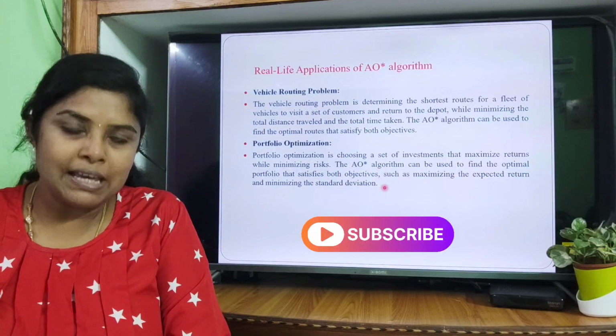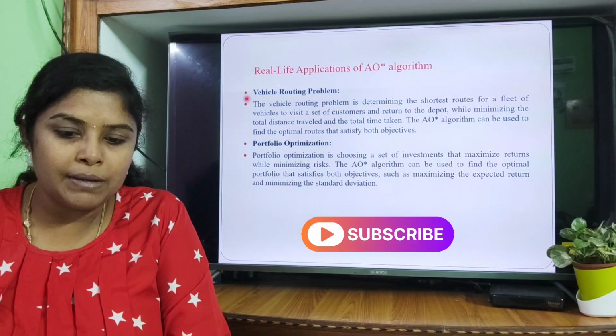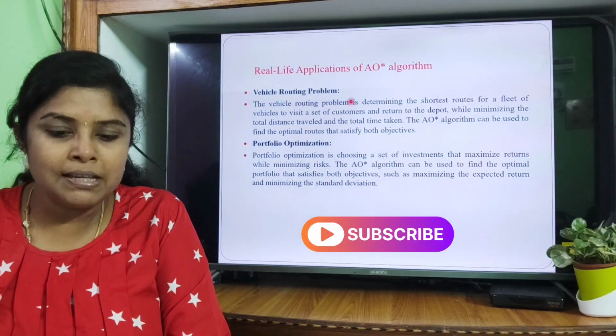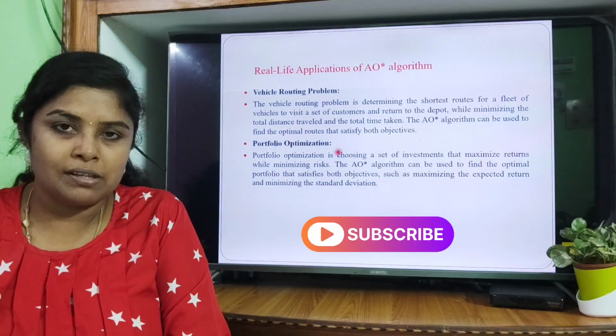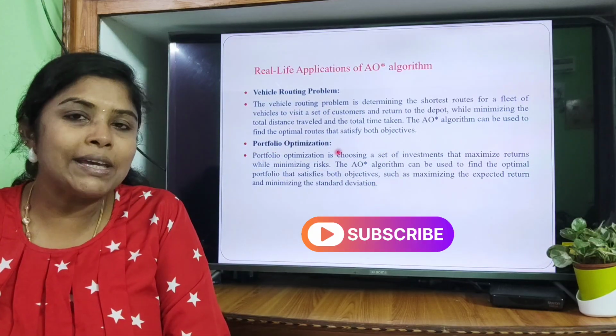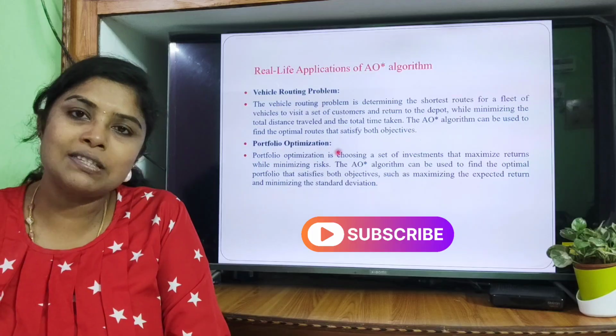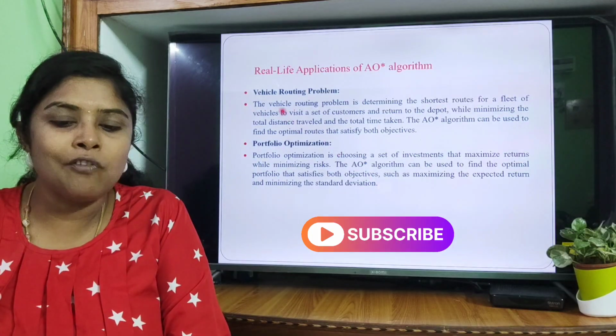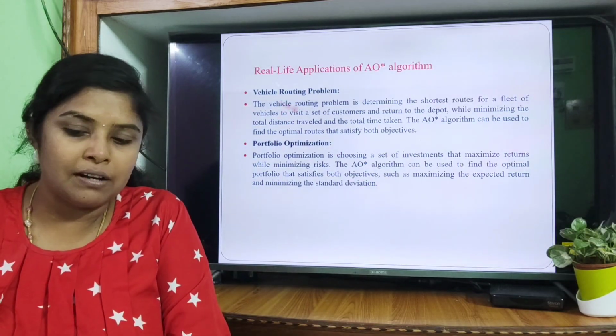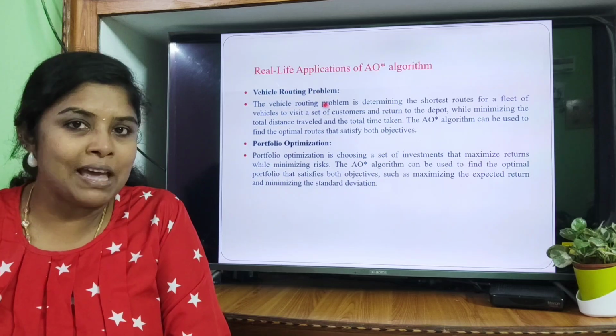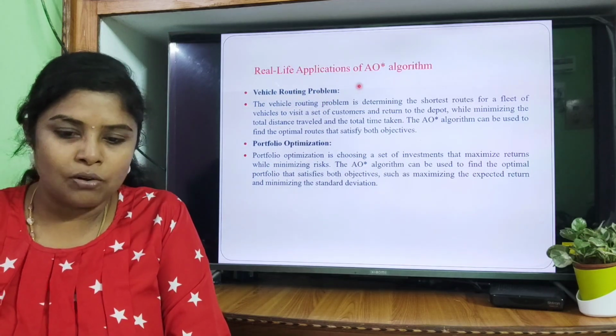In real life, we can apply AO star algorithm in vehicle routing problems and portfolio optimization. That is, when we want to invest, we can choose the investment which will give us the maximum profit. And also for automatic or self-driving cars, for the routing problems, we can use this AO star algorithm.